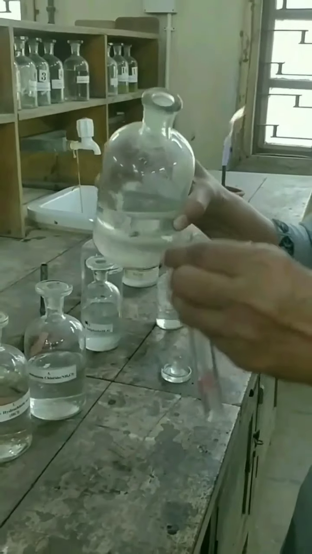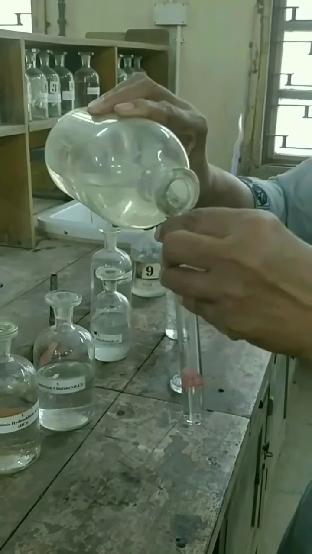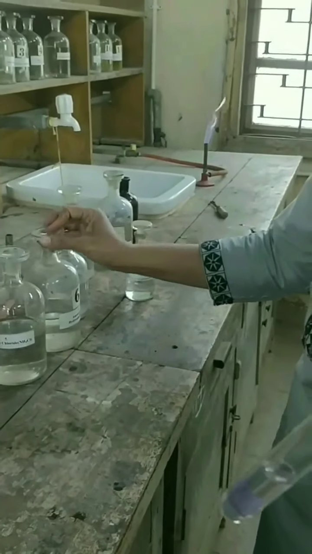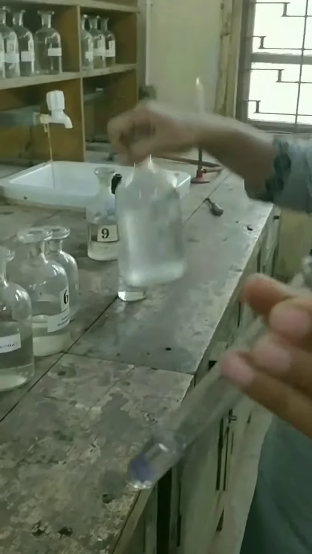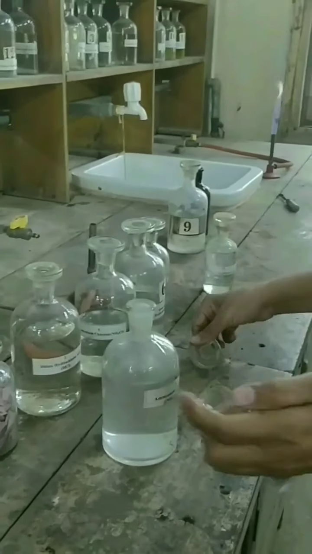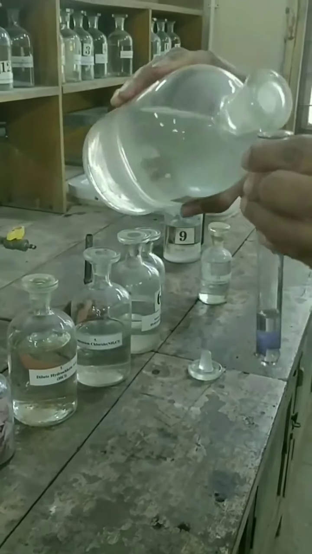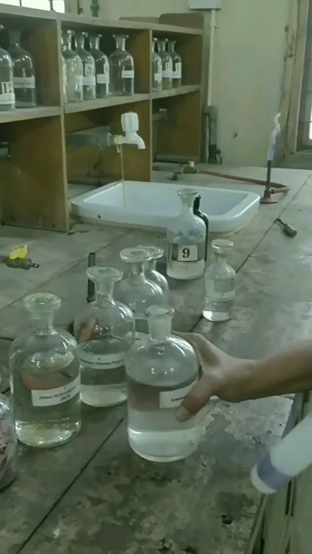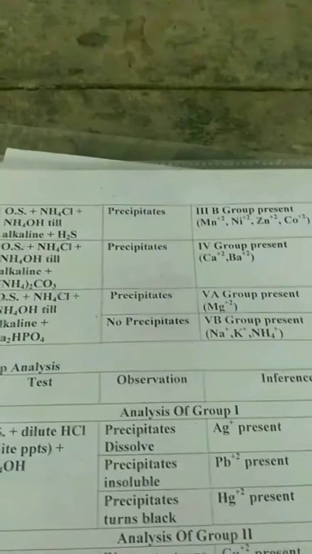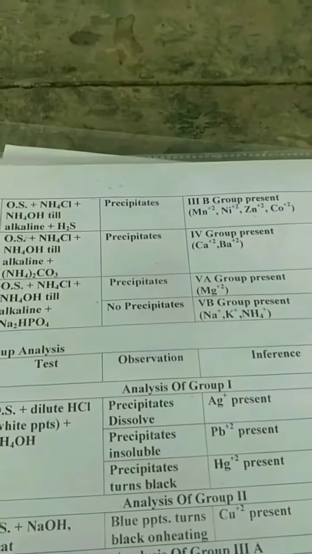Then we will start adding ammonium hydroxide till the paper turns to blue. You can see the paper has turned blue. So after this we will add ammonium carbonate. You can see white precipitates. So in the observation you will write white precipitates, fourth group present.